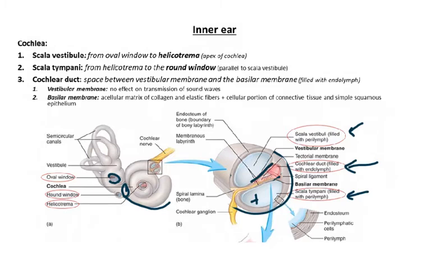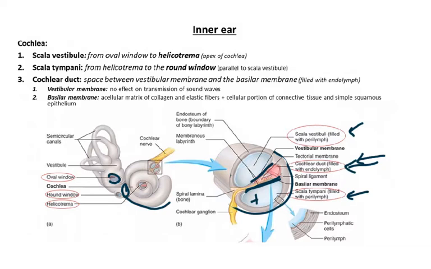And then the scala tympani includes this membrane, which would be the bottom of the membranous area. This basilar membrane is going to be extremely important for hearing. When this vibrates, it's going to vibrate our cochlear duct cells, which will then pick it up and have this effect of hearing.